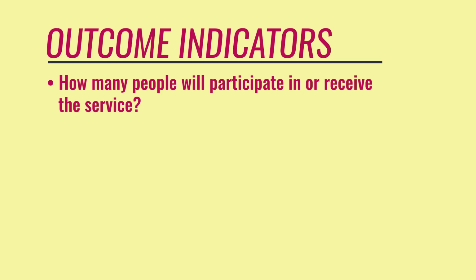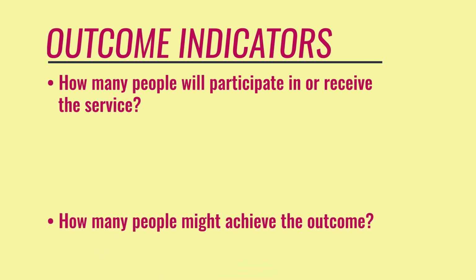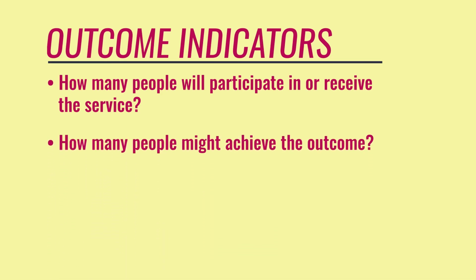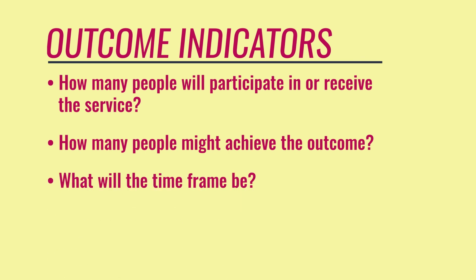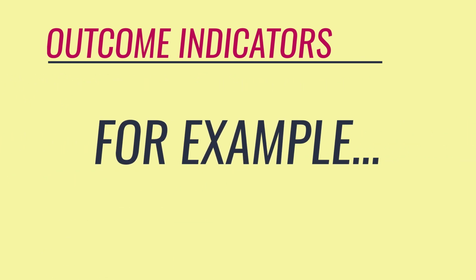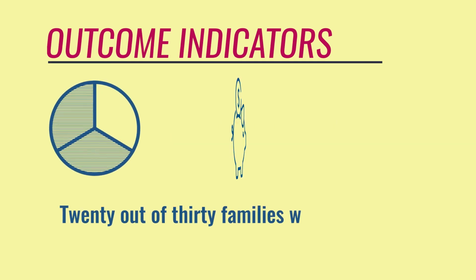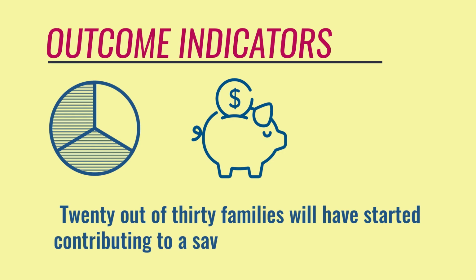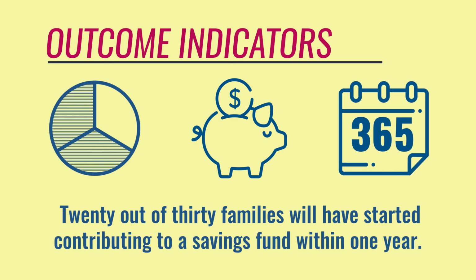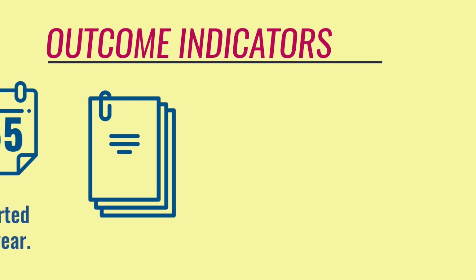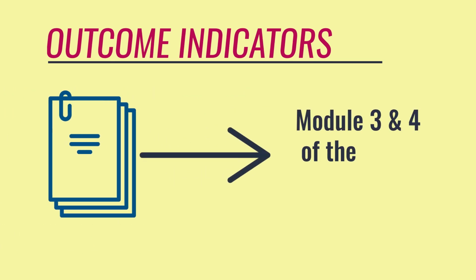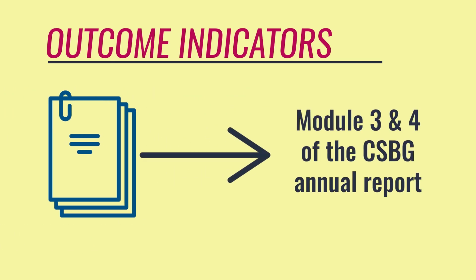Second, you project how many of these people might achieve the outcome. And third, you will project a time frame. Using our financial management example, your outcome indicators might look like 20 out of 30 families will start contributing to a savings fund within 1 year. If you need further examples of outcome indicators, you can start by reviewing modules 3 and 4 of the CSBG annual report.